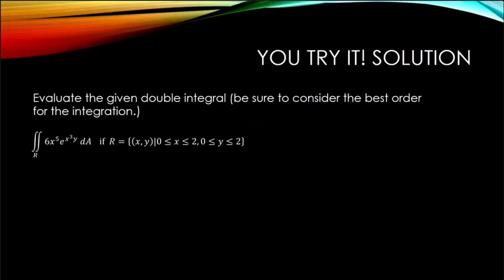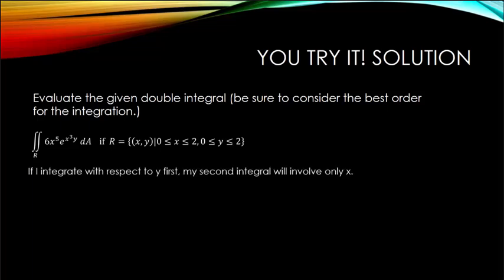So for this one, I am going to integrate first with respect to y. The reason is because my second integral, when I do this, will involve x only, which is a much simpler integral to perform.